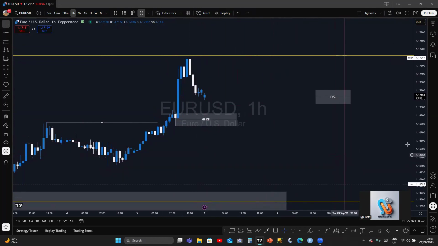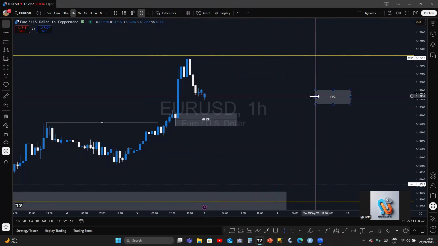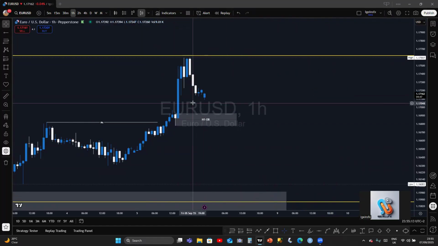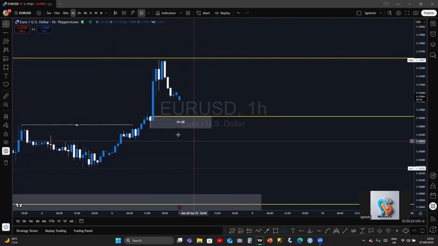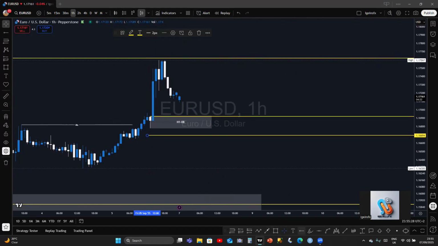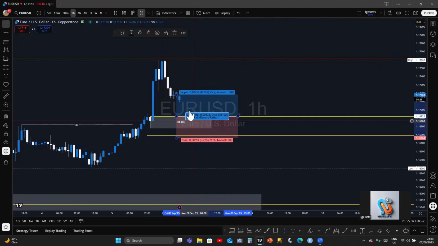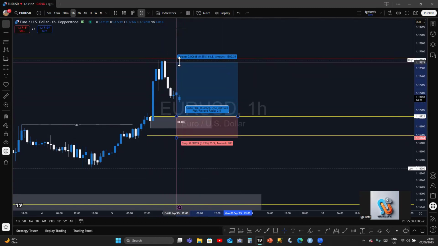All we need to do is for us to place a buy limit here. We are placing a buy limit, all right? Our stop loss would be somewhere here. We'll place a buy limit. We'll be targeting this high.